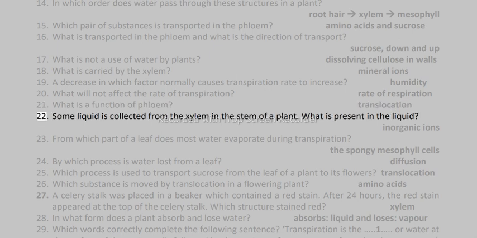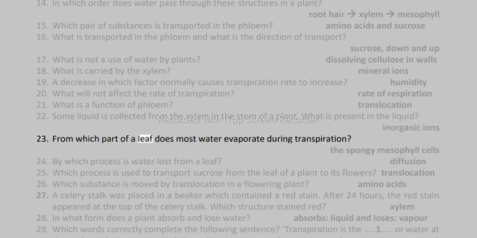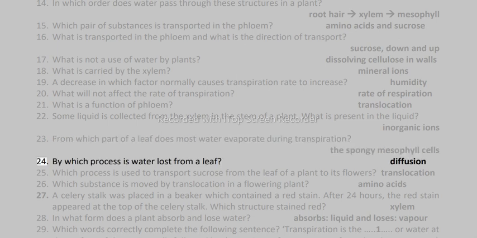21. What is a function of phloem? Translocation. 22. Some liquid is collected from the xylem in the stem of a plant. What is present in the liquid? Inorganic ions. 23. From which part of a leaf does most water evaporate during transpiration? The spongy mesophyll cells. 24.